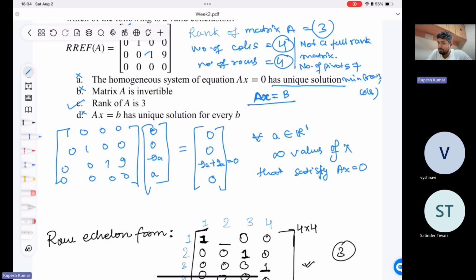Satinder, can you just type in the chat box whatever query you have right now? It's very difficult for me to follow otherwise, so let me just enable the mic for you for a while, then I will disable it. Right, Satinder, now you unmute and speak.